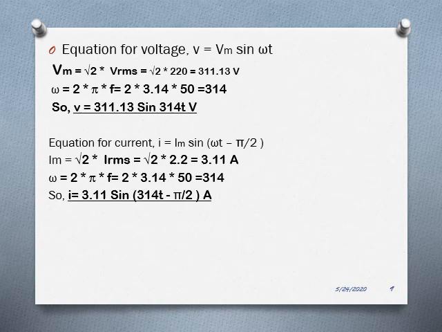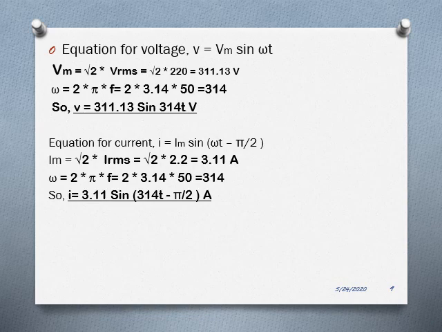Next is to write the equation of voltage and current. Equation of voltage is V is equal to Vm sin omega t. So you need to find out the magnitude of Vm and omega. Vm is the maximum value of the voltage and what is given in the question is RMS value. So convert that RMS value into maximum value.